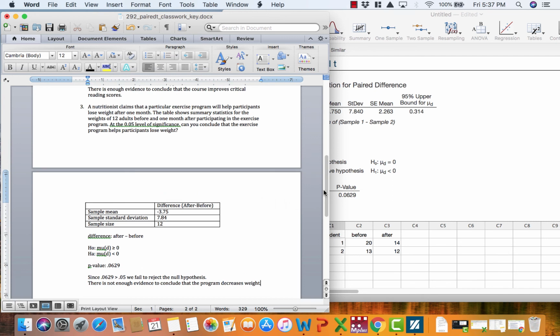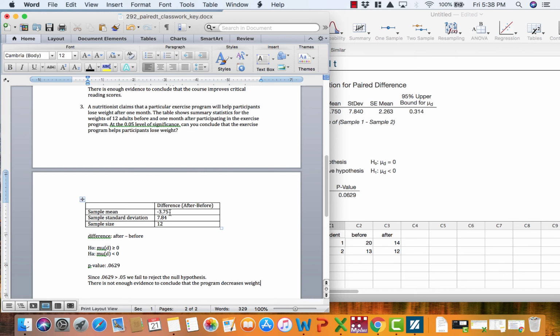All right, so what's happening here, and let me just step back for a second and help you understand. When we look at all the differences between the people, we get a sample average difference of negative 3.75. And so what the statistical test is asking is, is negative 3.75 a significant difference?